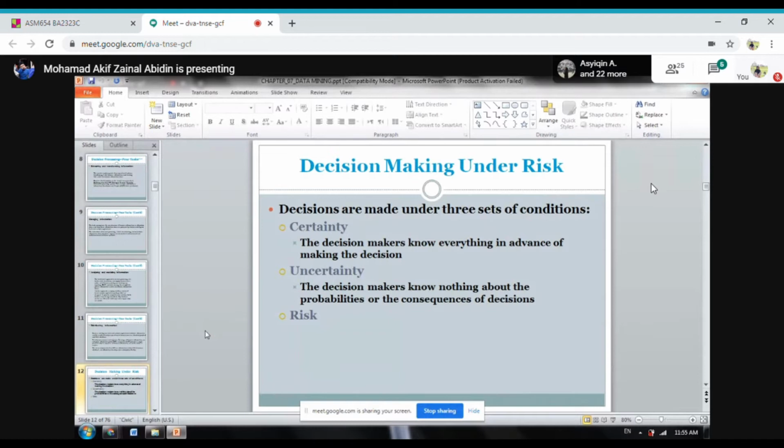If most of the information is uncertain, the risk will be high. Uncertainty leads to high risk. Certainty leads to low risk. These are the three terms when you are doing decision making, so make sure you know how to define them. Certainty, low risk. Uncertainty, high risk. Okay, next.